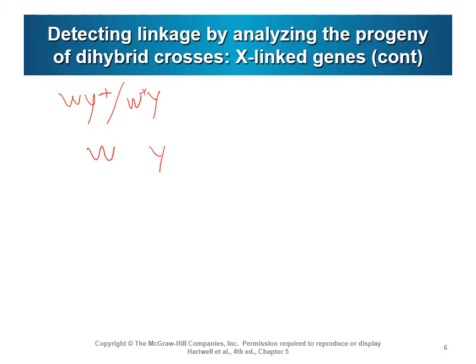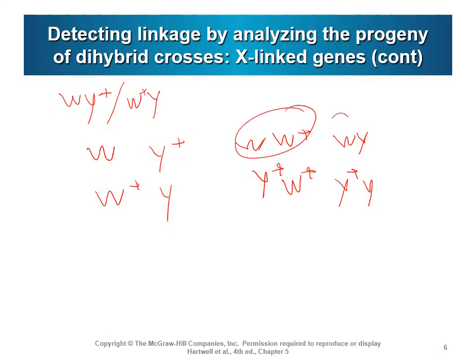We can have W Y plus, W plus Y, W Y, and W plus Y plus, and the probability of each of these is 25%.